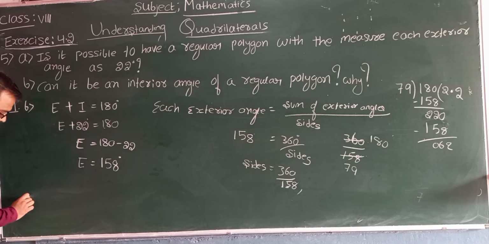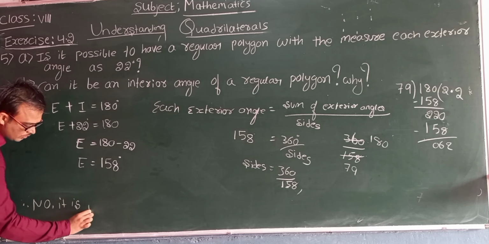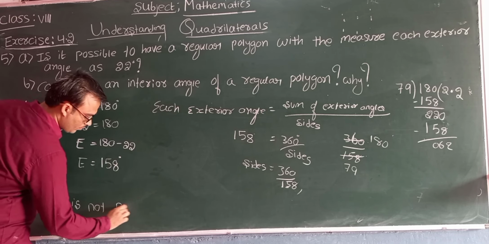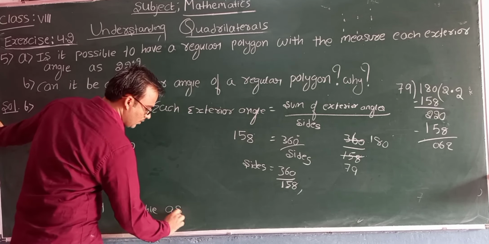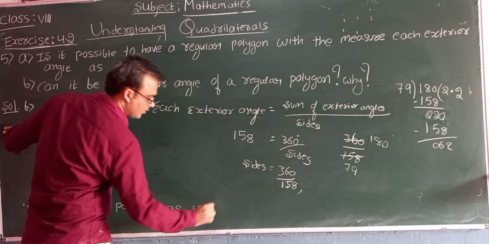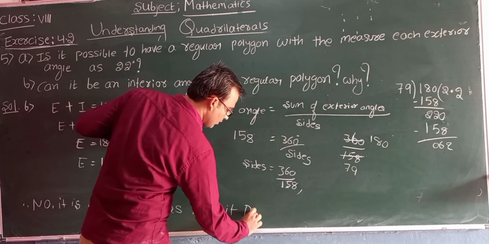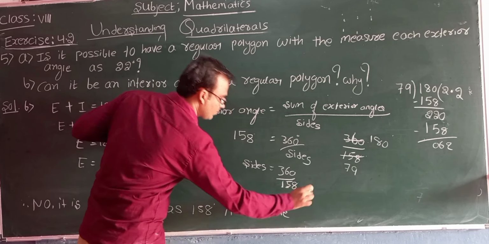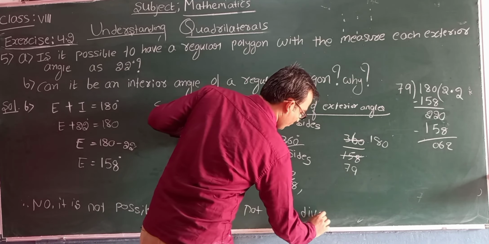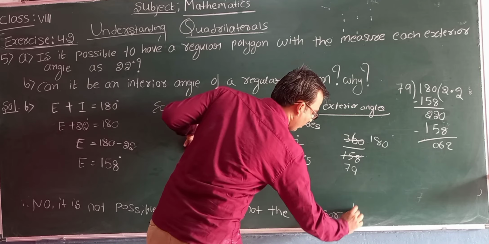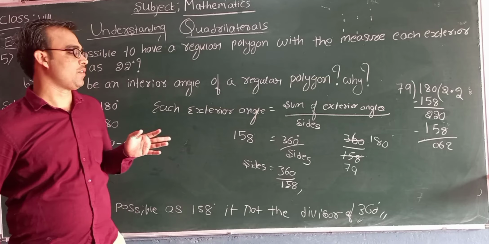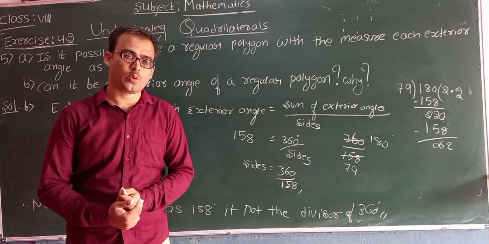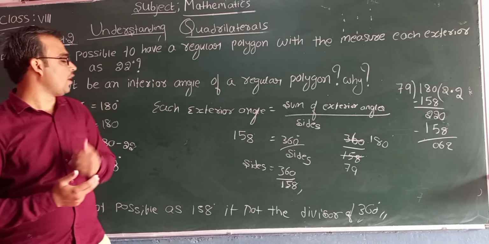Therefore, it is not possible as 158 is not a divisor of 360 degree, so it is not possible to have a polygon with an interior angle of 22 degree.